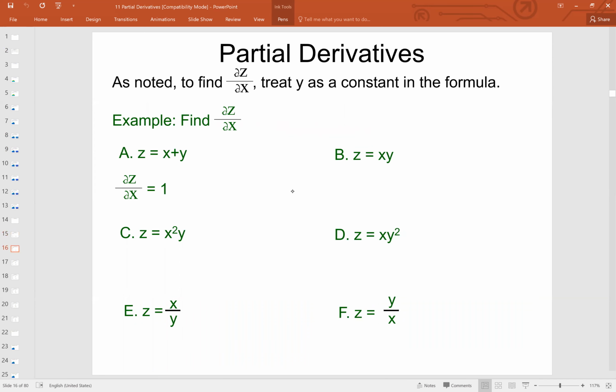The first one, the derivative of y is 0, and the derivative of x is 1. The second one is 5 times x, so the derivative is y, 5. The third one is 5 times x squared, so the 2 comes down: 2 times y times x to the first power, and so on.